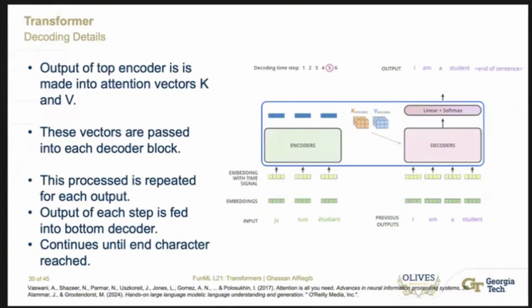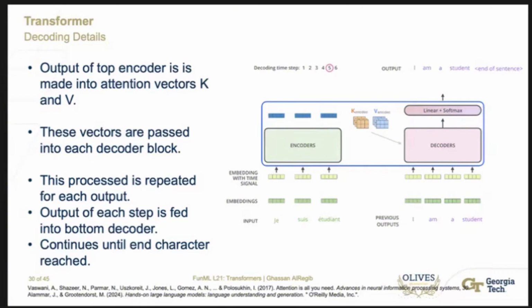However, in the decoders, the decoding phase is sequential, because the first input to the decoder is the previously predicted output. So, for example, here, if we predicted these 4 words, the decoder phase is responsible for predicting the next token, which is in this case the end of sentence.